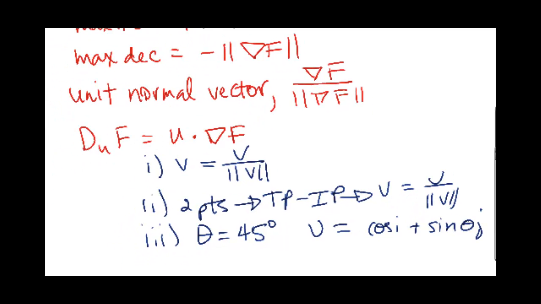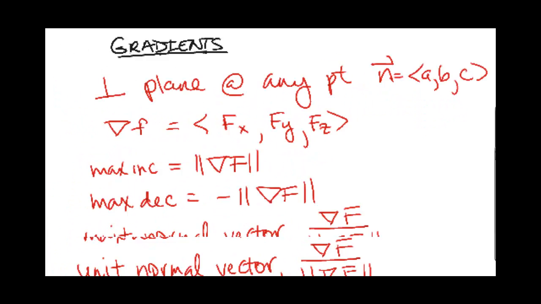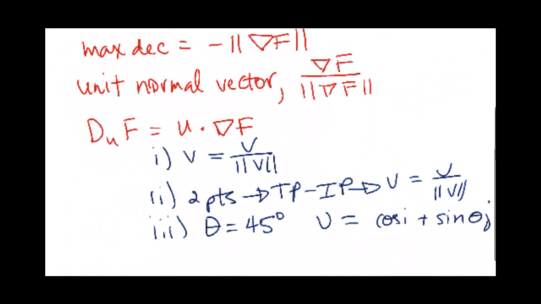Okay, I think that covers pretty much all of the things that you'd be asked to do with a gradient. You might be asked to find the equation of a tangent plane.